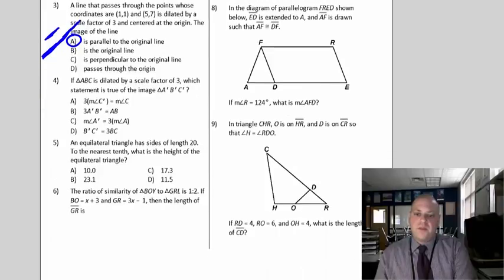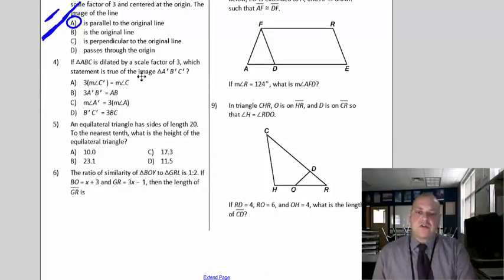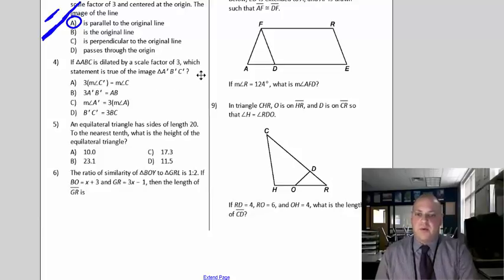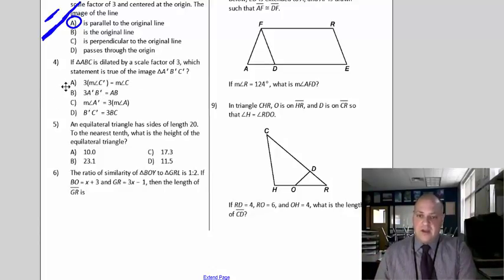Number 4, if triangle ABC is dilated by a scale factor of 3, which statement is true of the image, triangle A prime, B prime, C prime? When you dilate by 3, the angles stay the same. So the option saying 3 times the angle is not true. The angle does not multiply by 3.